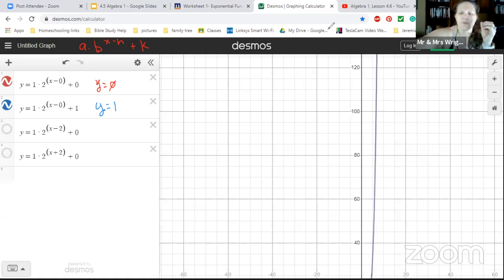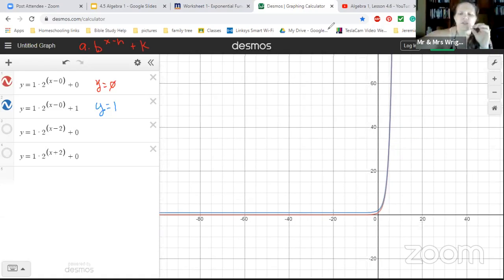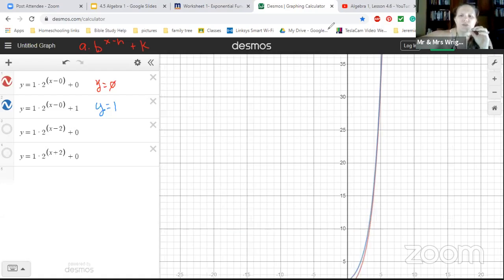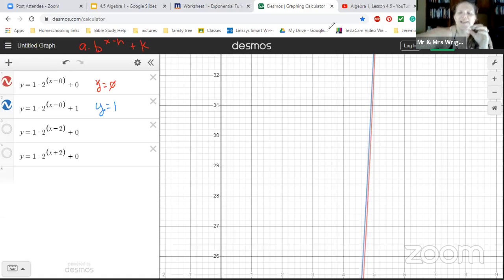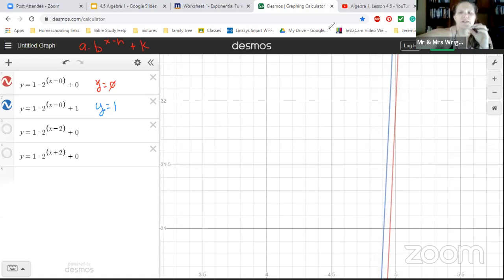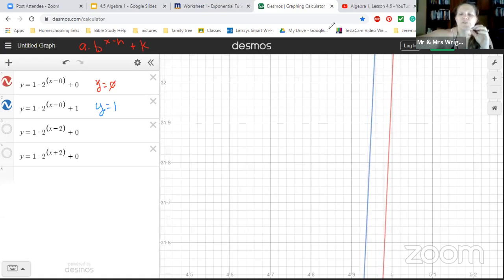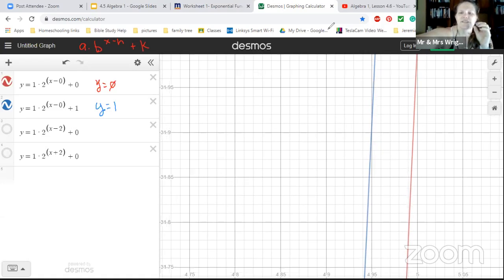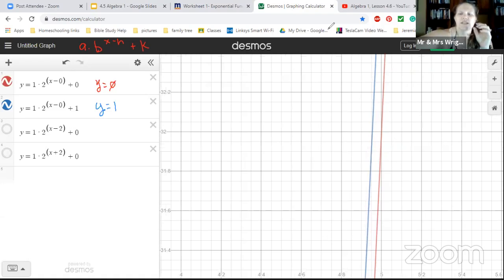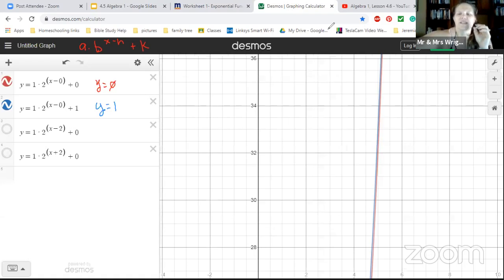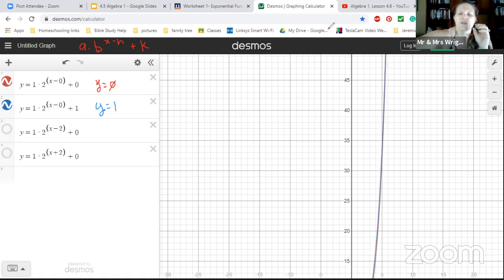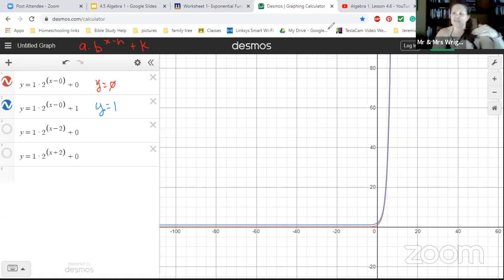As we move upwards, because they're continually getting closer and closer together. But as you zoom in, you can see, oh, they're not actually touching, okay? So even though from further away, it looks like they're the same line, as you zoom in, you can see the difference between the two. So again, as the curve is moving upwards, they get closer and closer, but they're not going to touch either.